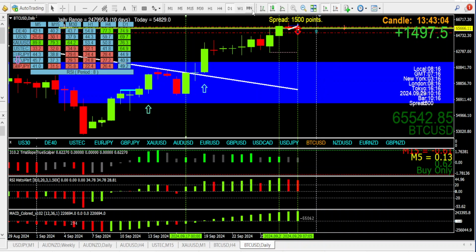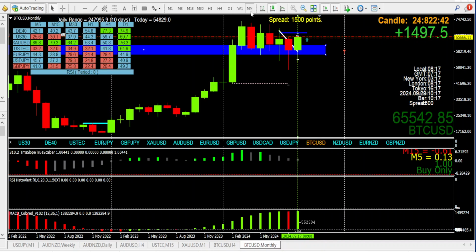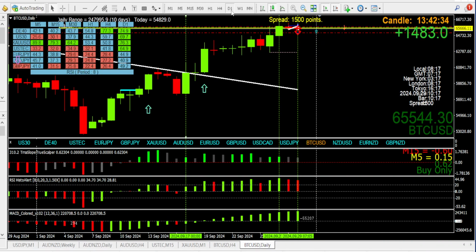Actually, I want to get rid of that great big blue block there, because it doesn't help this analysis. That can go now. Where were we on the daily? Yeah. So these are so powerful, and this is what I keep saying on the Twitter feed.